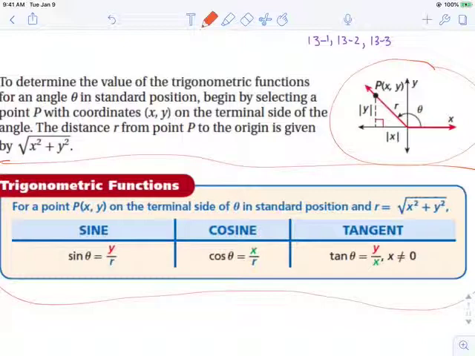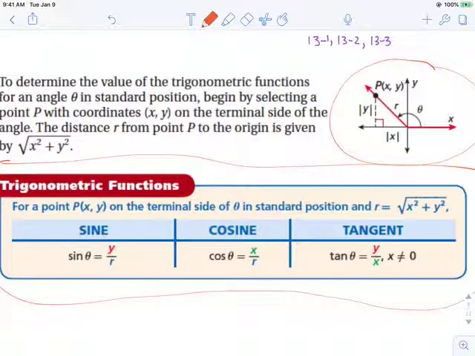So if you have a hard time seeing, I'm just going to name off some of the things that are on here. You have the xy plane. You have a point, x comma y, on the terminal side of this angle. Okay, here's the terminal side. Here's the initial side. Here's the angle theta. When we use trig functions, we can only use them with what kind of triangles? Right triangles, right?